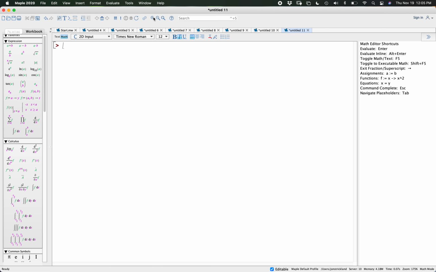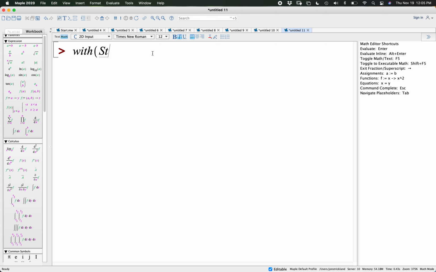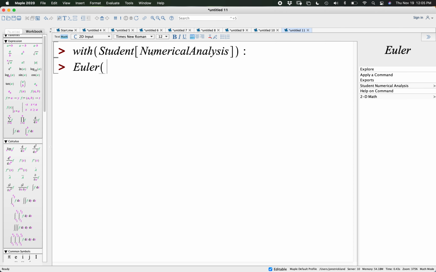Again for numerical methods, you become eager to type in Euler, but remember, you've got to enter your opening command. So you have with(student[NumericalAnalysis]). Go with Euler.